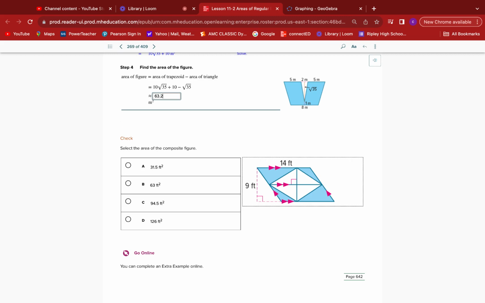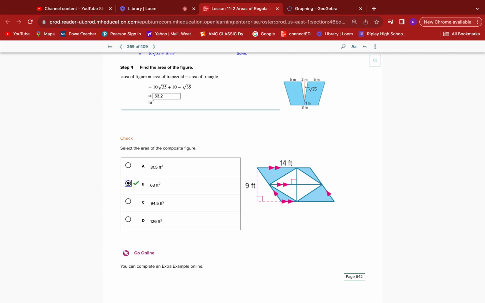Well, if you're sitting there realizing 63 is half of 126, and 126, which is the area of the parallelogram, minus half 63, the area of the rhombus, you should be looking at 63. So the answer is B, because 126 minus its half is its other half. 63 is the answer, because 126 minus 63 is 63.